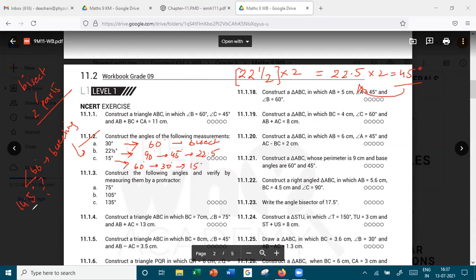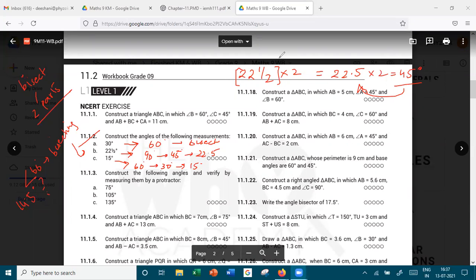For this also, if you are not very strong at identifying just by looking at the numbers, just multiply it by 2 and check. If you can make that angle, then of course you can make 14.5. If you can't make that angle, then you can't bisect it, and you won't be able to construct 14.5.